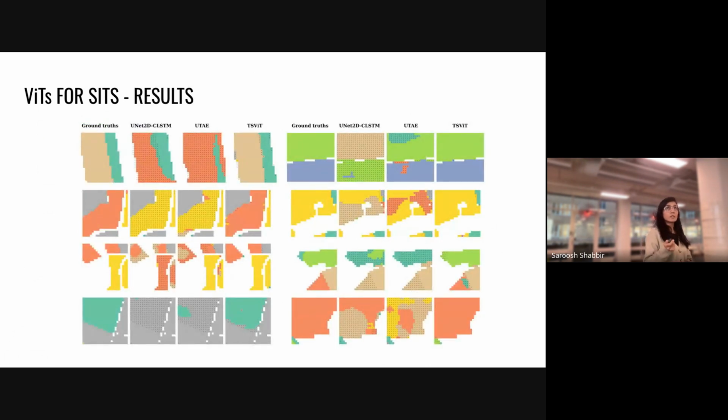Here are some of the results which were not actually in the paper, but they're in the supplementary material. Compared to the state of the art up until this point, which is basically convolutional based or LSTMs, the TSViT tends to perform much better.